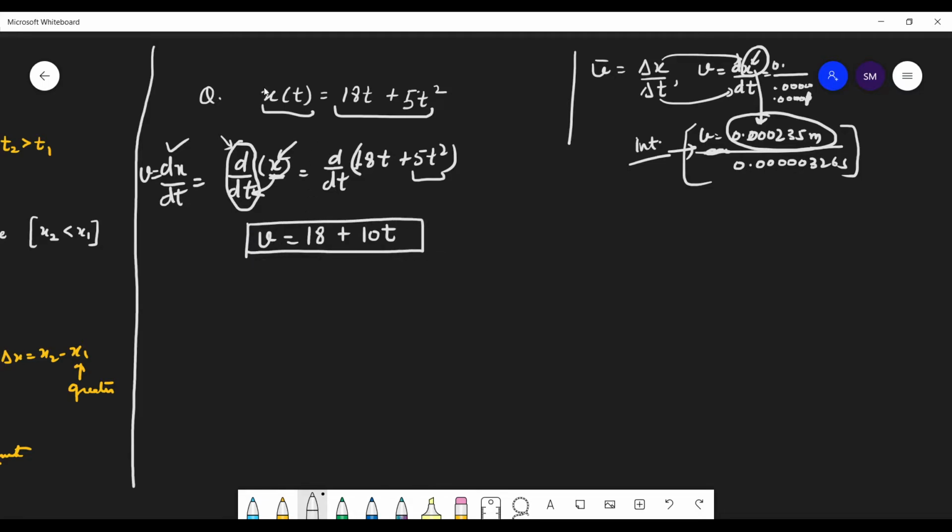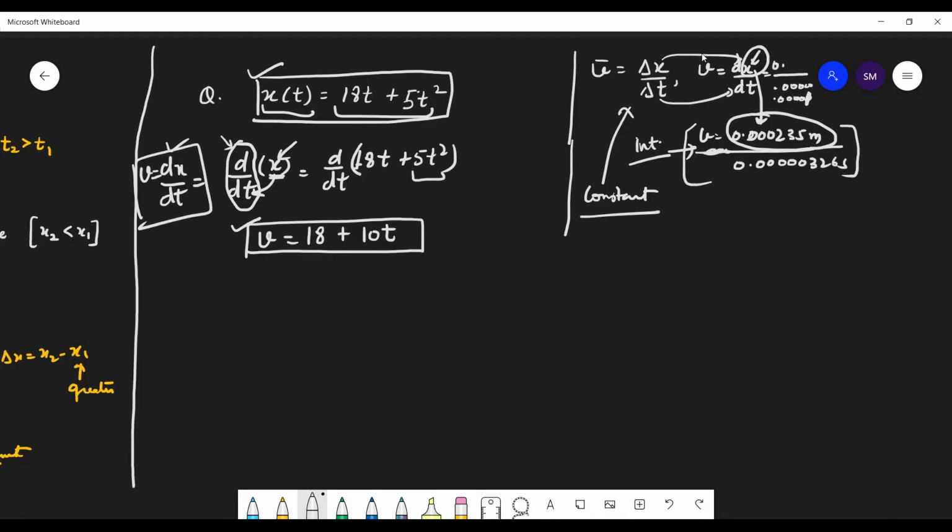So the point here is that when we are using this differentiation, we are getting functions. Here we were dealing with constant values in these formulas. But when we are using differentiation to find the instantaneous change, we use functions like velocity, that's also in terms of t, and displacement, that's also in terms of t.